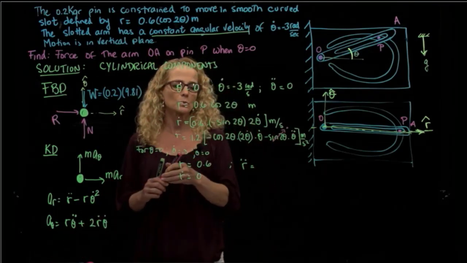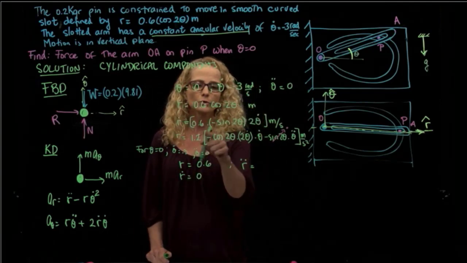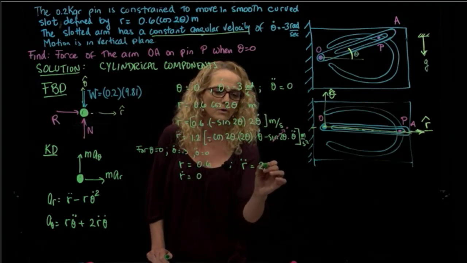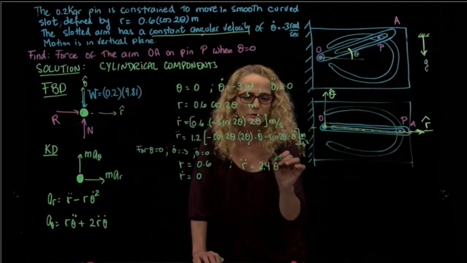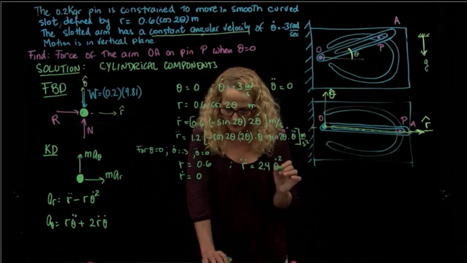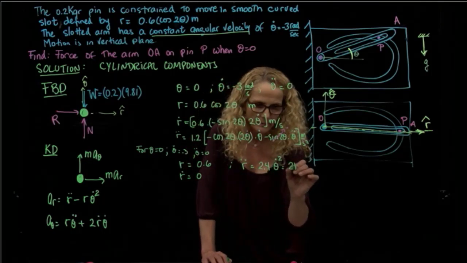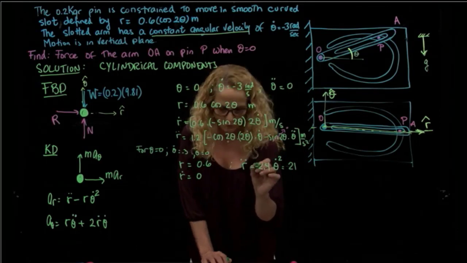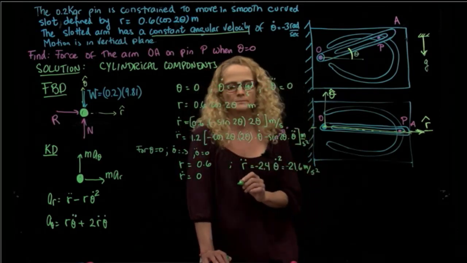And then r double dot: sine of 0 is 0 and cosine of 0 is 1, so I get 2.4 times θ dot squared. That gives me negative 21.6 meters per second squared.